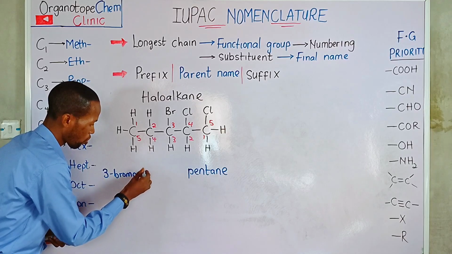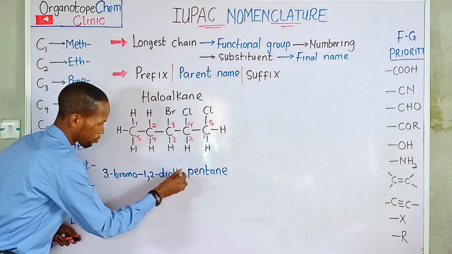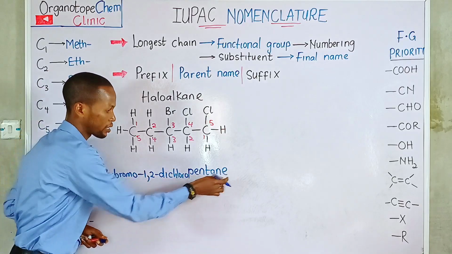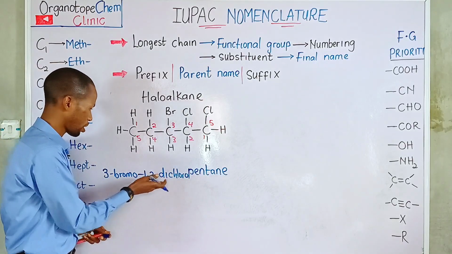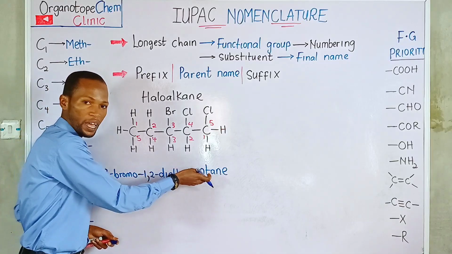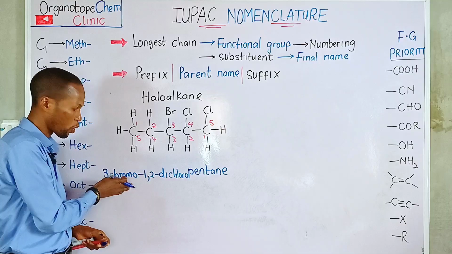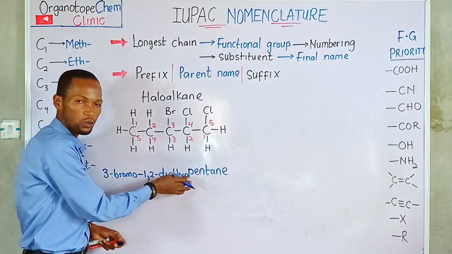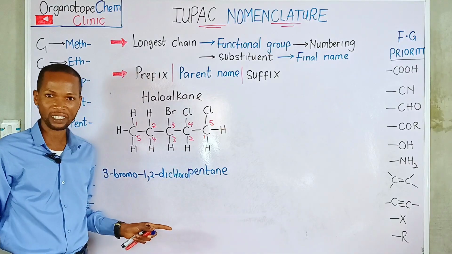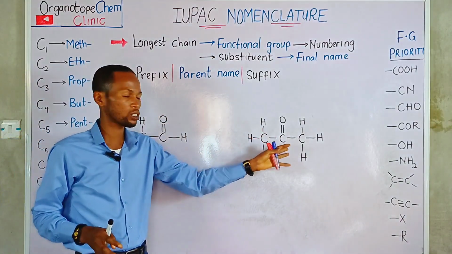So we have 1,2-dichloro. Pentane. So the prefixes are bromo and chloro, the parent name is pent, and the suffix is ane. So we have 3-bromo-1,2-dichloropentane. Make sense?